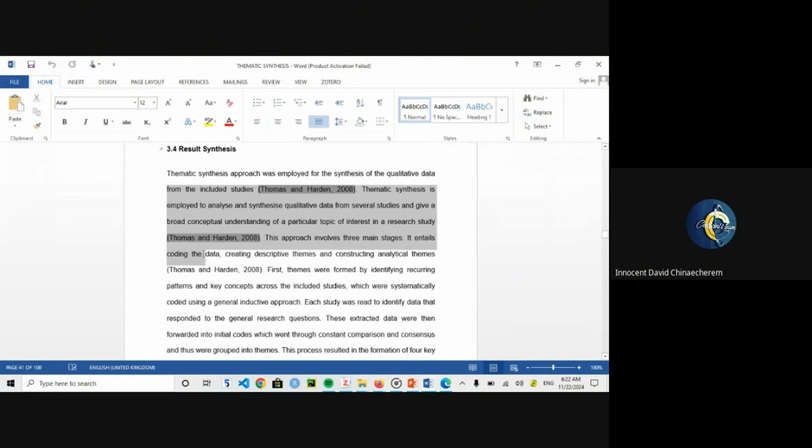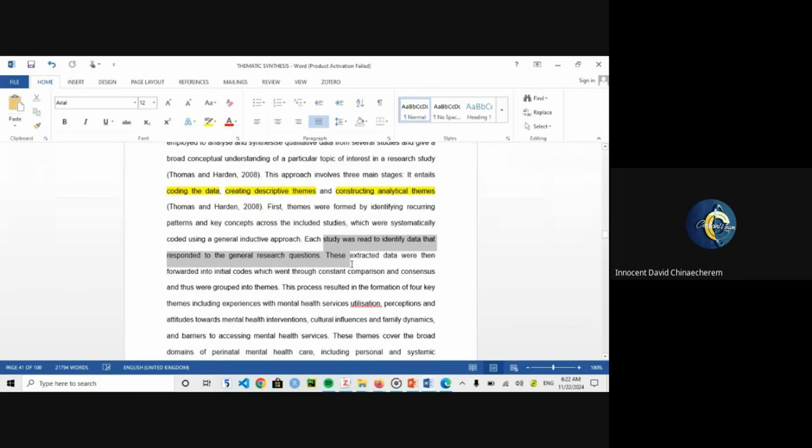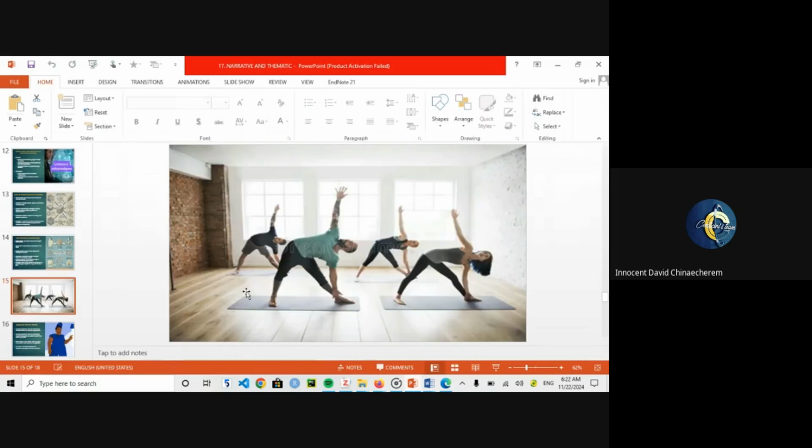And we use the Thomas and Harden methods, which I've explained in my previous video. Also, remember we said coding the data. That was the first thing we mentioned. Coding, creating descriptive themes, and constructing the analytical themes. You remember that we mentioned these 3 steps in our thematic synthesis, and that is what we mentioned here.